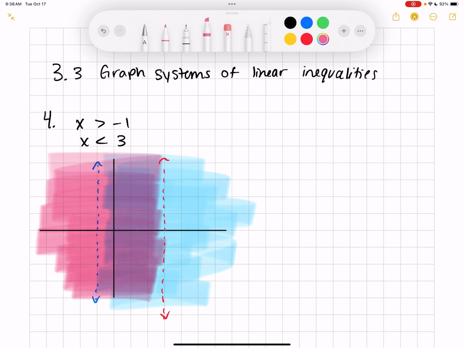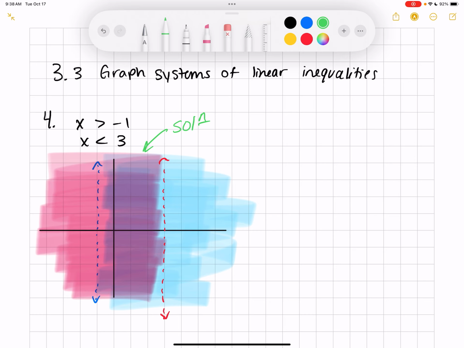The cool thing about using highlighters or something that are different colors, this is a section where I would definitely recommend multiple colors. If you're only using a pencil, you're probably going to have a harder time finding the solution when there's 4 lines that you're graphing. You need to specify where the solution is, so that it's very clear where it's occurring.